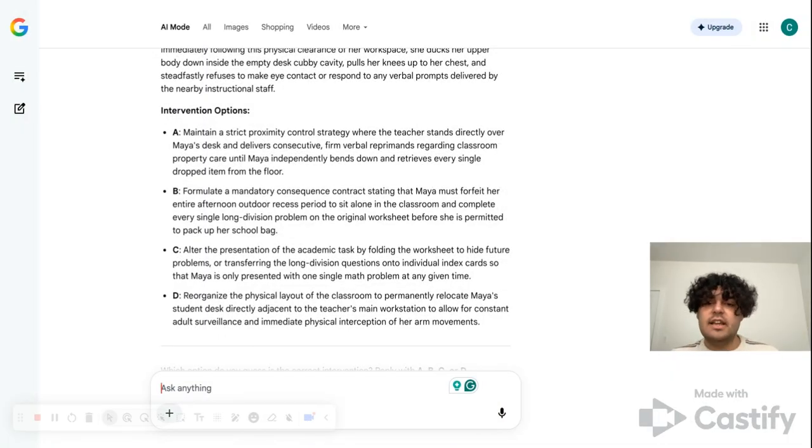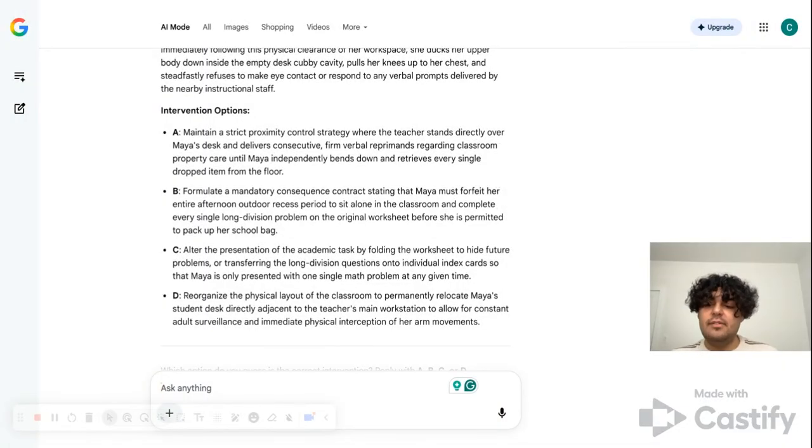Typically, like in this case, I'll read this. She must complete every single long division problem on the original worksheet before she's permitted to pack up her school bag. That's not allowed. Yeah, you can't just say it has to be done or you can't go home. You cannot do that.